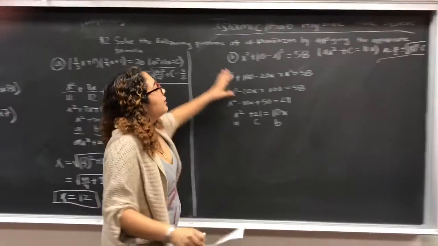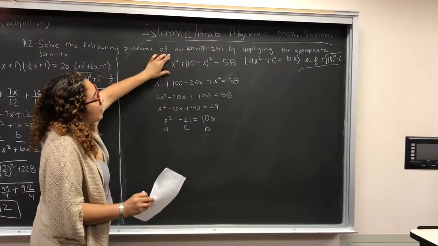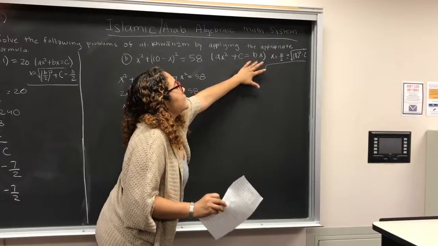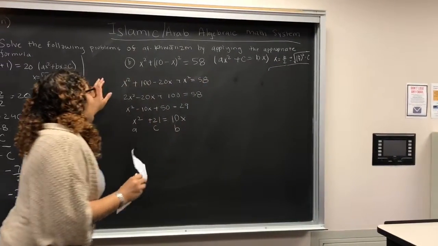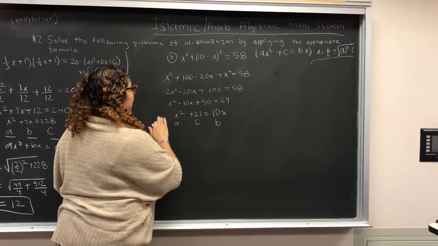And then a similar thing goes for this problem. We're going to turn this equation into this format, ax squared plus c equals bx, so we can then solve for x and use this formula. So the same thing again, we expand it out and solve for it.